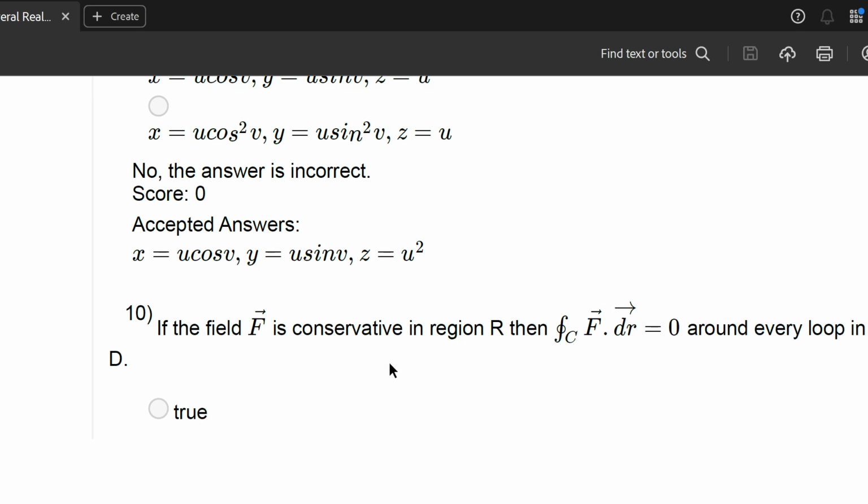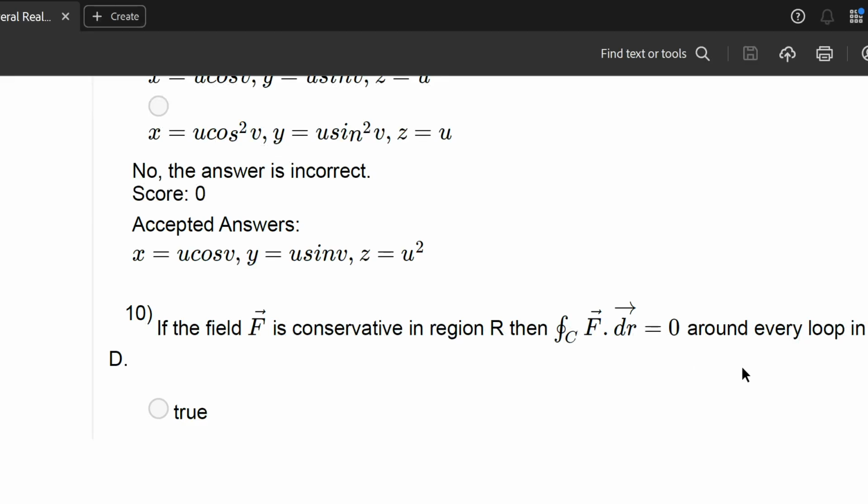Conservative means the integral does not depend on the path. It depends only on the initial point and the final point. The integral value is nothing but the difference of the final point minus the initial point.